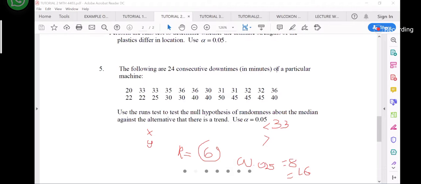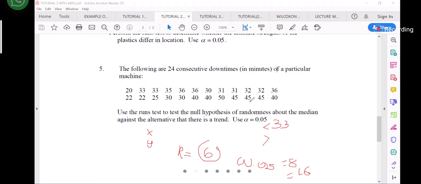So any question on the run test? Now, another thing that I want to highlight is that all the questions you have seen here are based on small samples, where small means the values appear in the table.